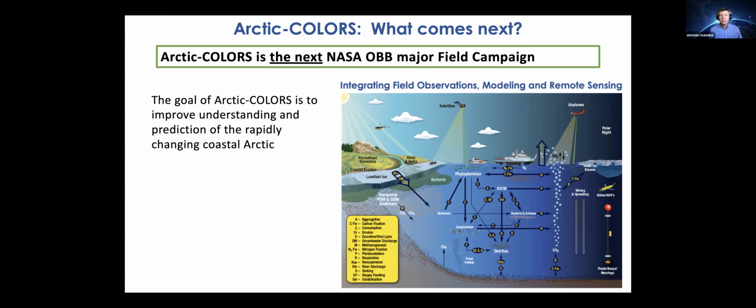We obviously have satellites because they're in orbit, and also an extensive amount of field activities encompassing small boats, larger vessels, potentially larger vessels, as well as autonomous systems, gliders, moorings, and various other autonomous systems.